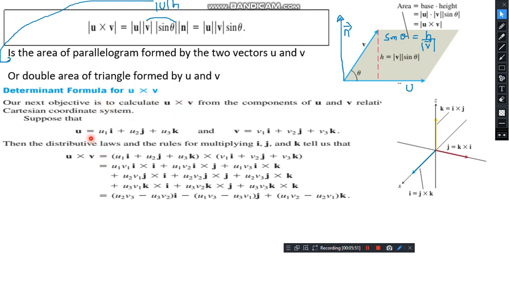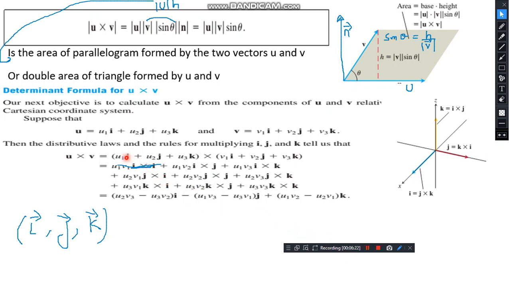If you have the scalar component form u1 i, u2 j, and v1 i, v2 j, etc., we need to find u cross v. If you do u cross v here, you're going to get u1 v1 i cross i, u1 v2 i cross j, etc. You have all of these here. Let me repeat this one.